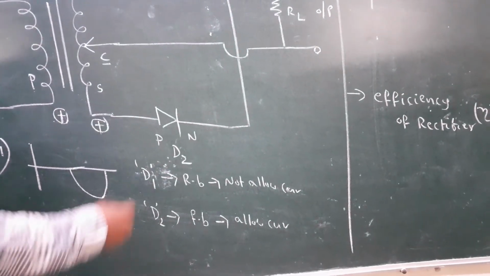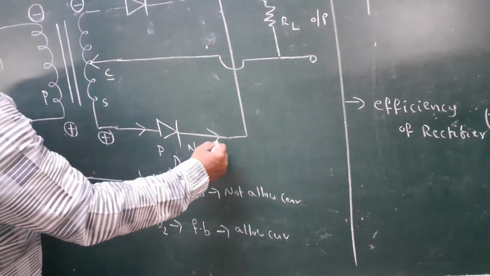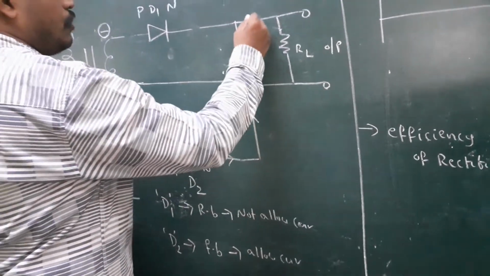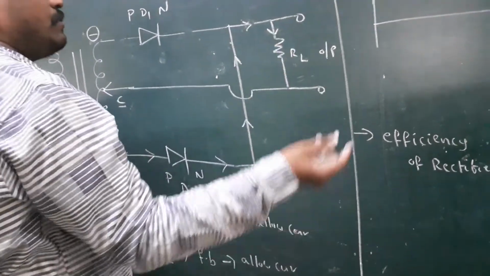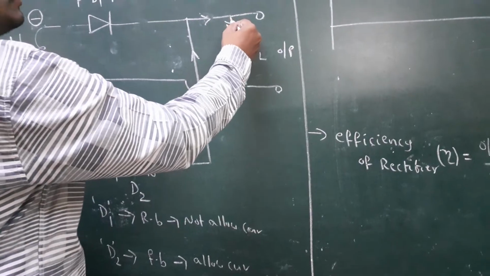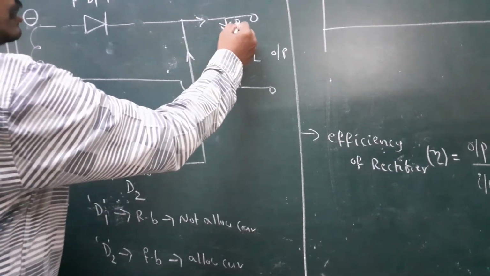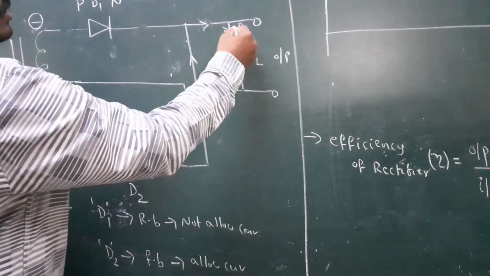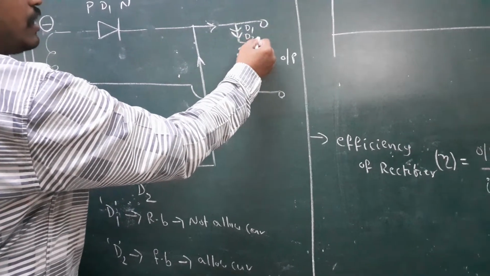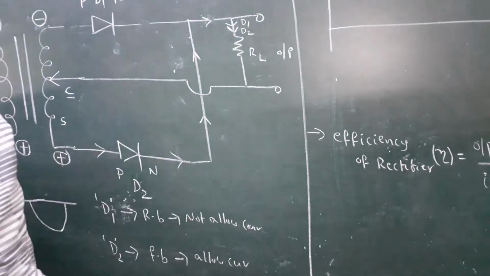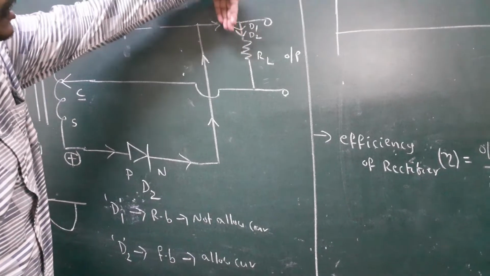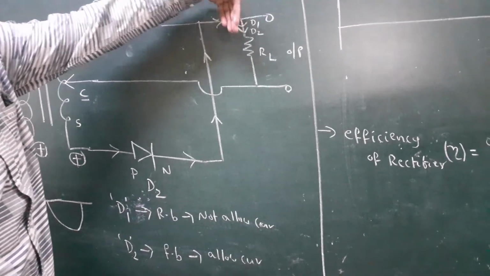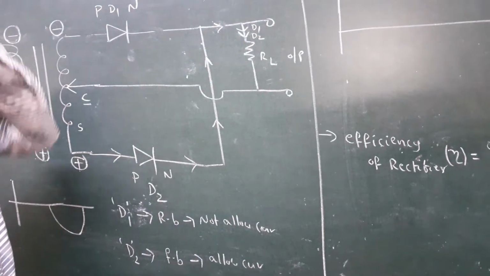Look here, the current direction. Previously, during the positive half cycle, D1 conducted current in this direction. During the negative half cycle, D2 allows the current in the same direction. The D1 and D2 currents are in the same direction, unidirectional, and unidirectional means DC.